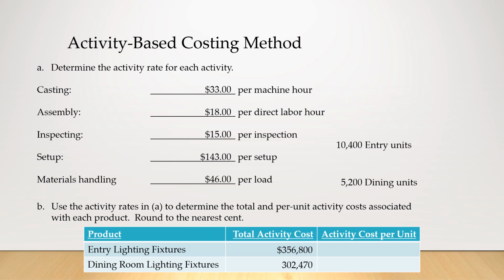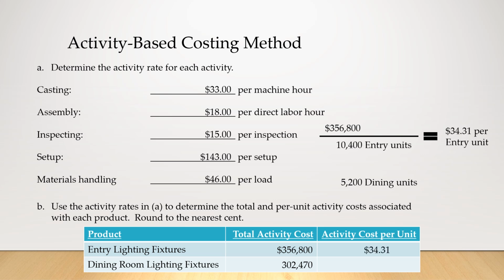Cost per unit will be our total product cost divided by total units. For entryway lighting fixtures, divide the $356,800 of total allocated cost by 10,400 total units. The total cost per unit is $34.31.